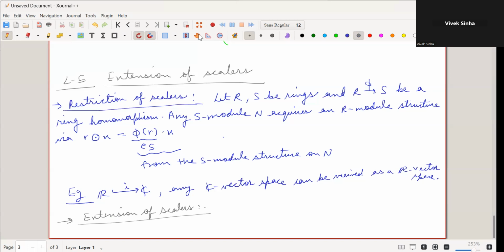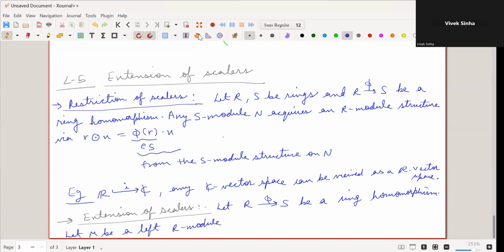So by extension of scalars, I mean that, let phi from R to S be a ring homomorphism, and let M be a left R module.